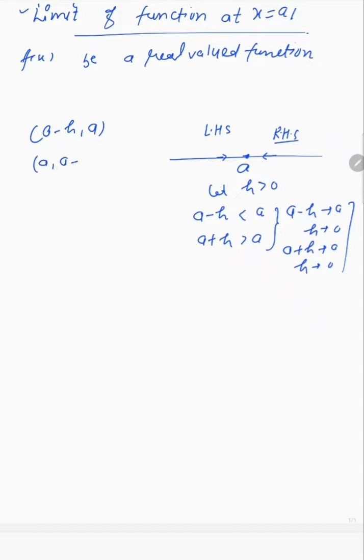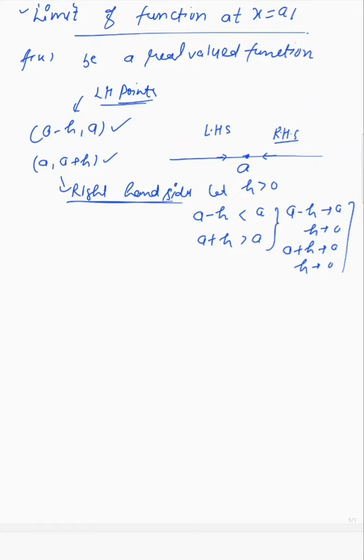This set is called the left hand points, and this is the right hand side points. To define the limit of a function at a, we have to check the behavior of the function on both these sets, left hand points and right hand points.